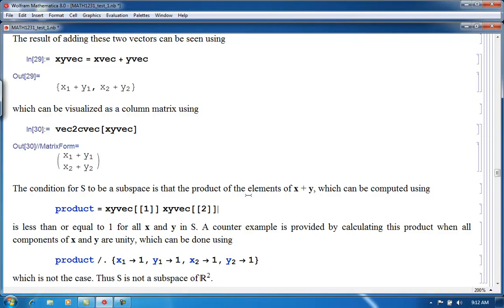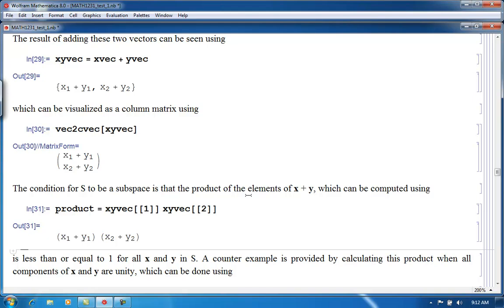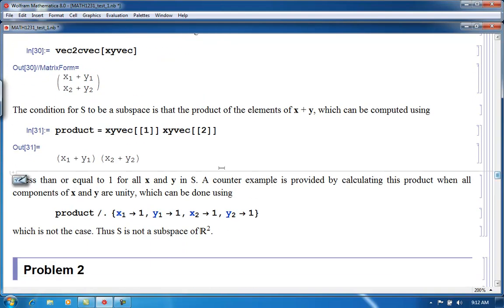So this product is this. And we can see that this is not always the case, because if we choose x1, y1, x2, y2 to be 1, then the value of this is 4, which is not less than or equal to 1. So this is not a subspace of R2.